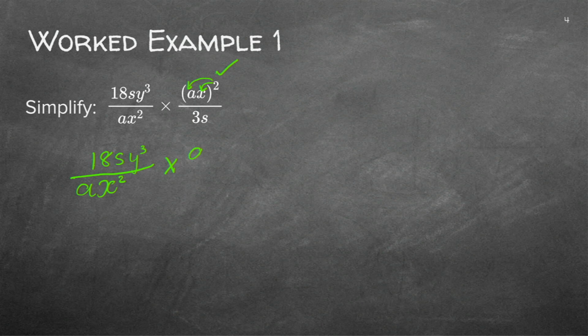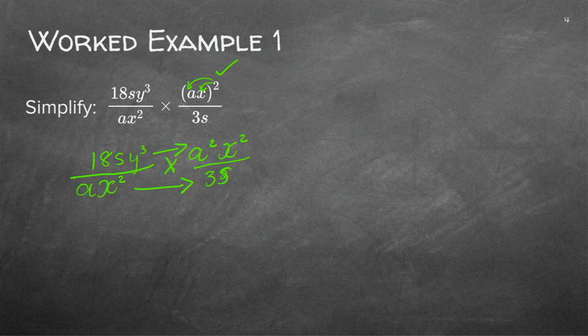So this is going to be a squared x squared divided by 3s. So we divide by 3s, and now we are applying our laws of multiplication using the fractions. So it means I need to multiply my fractions directly. So the numerators must multiply the numerators, and denominators must multiply the denominators.